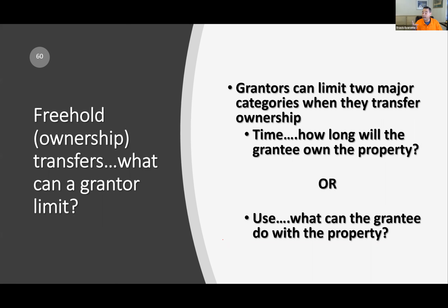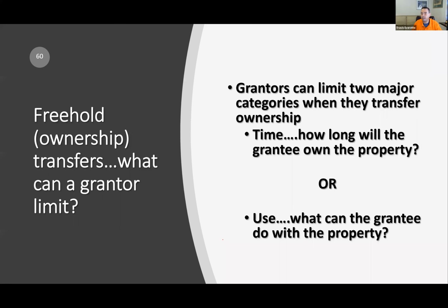They can limit time. They can say to the grantee, you are only going to own this property for a limited amount of time, and I'm not going to allow you to decide what happens past that point in time. I'm giving you ownership, but I'm putting a time limit on your ownership.